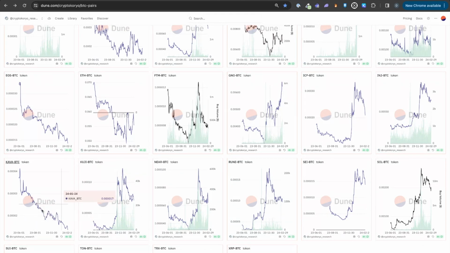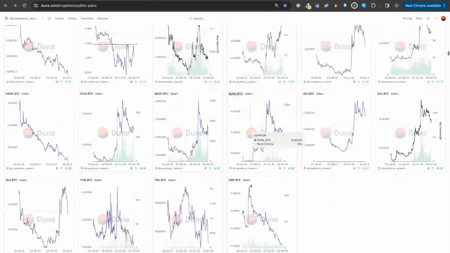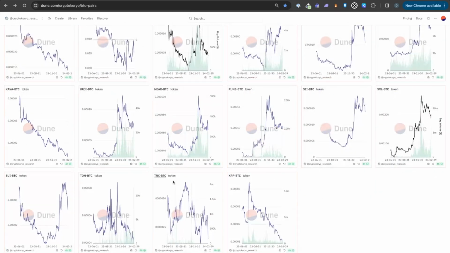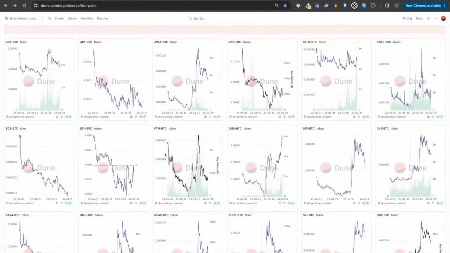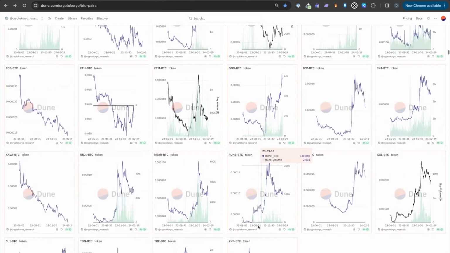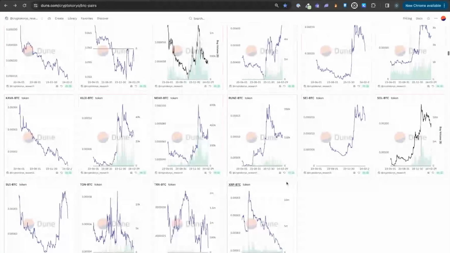So I'm not interested. EOS the same thing, XRP the same thing, TRX the same thing, Telegram, Toncoin, same thing. But on the other hand, I'm seeing some strong uptrends like Sui, like Sei, like Solana, etc. And of course, Gno, right? Gnosis. Some of the things that I might want to pay attention to, or you might want to pay attention to.